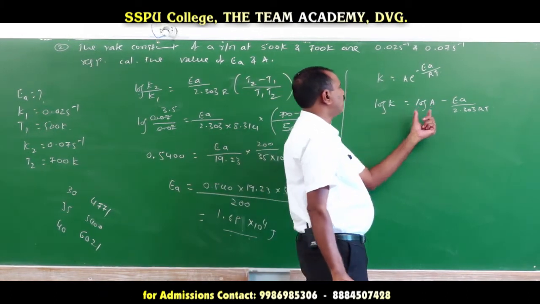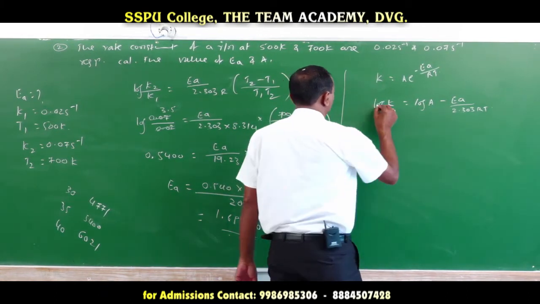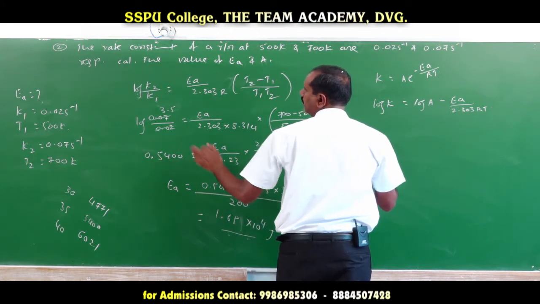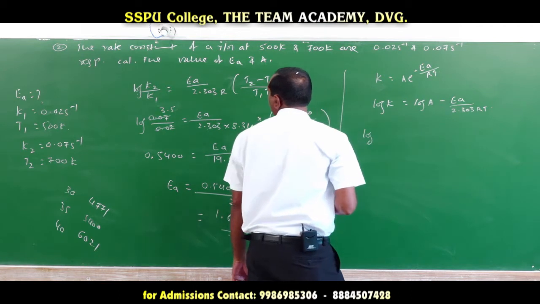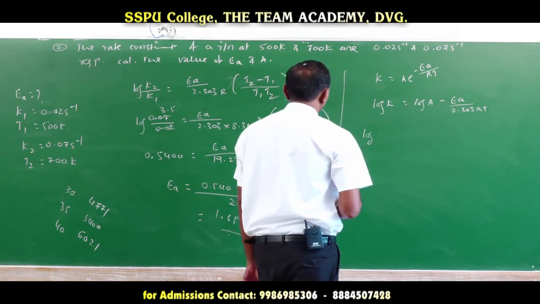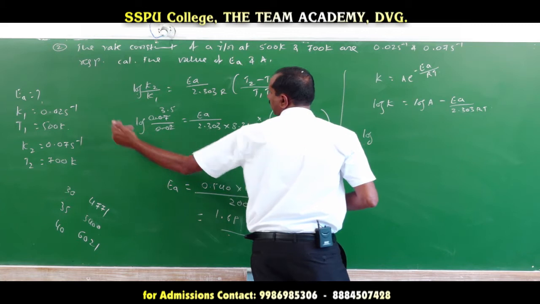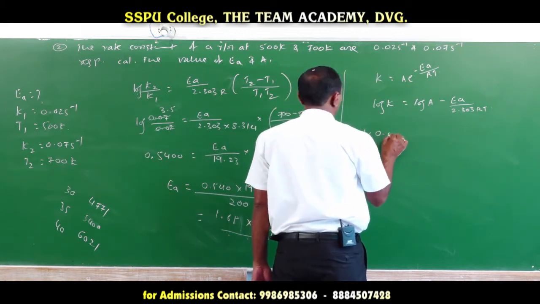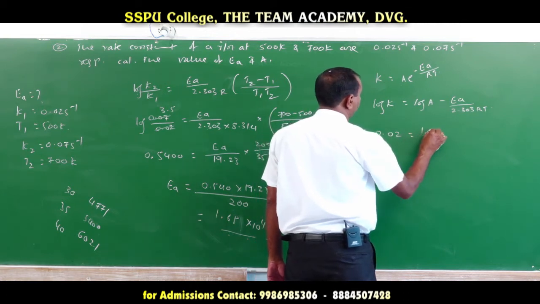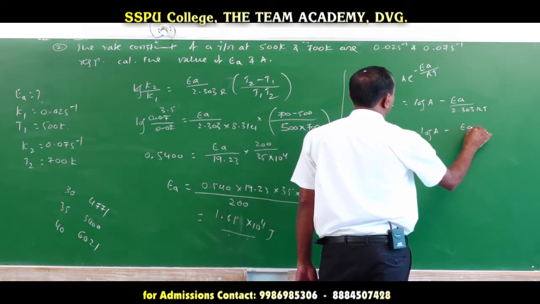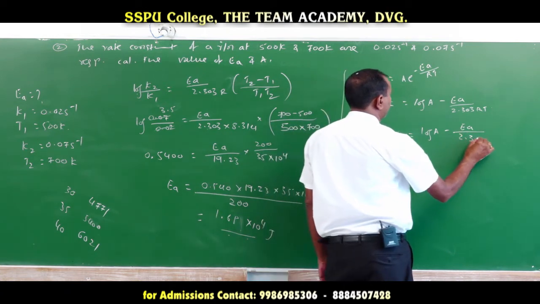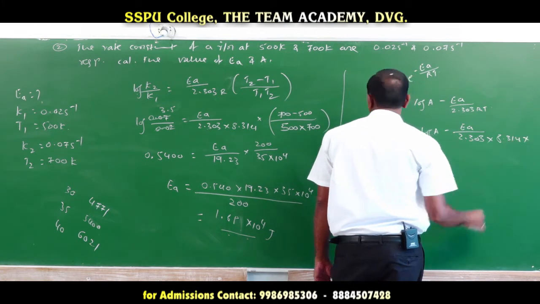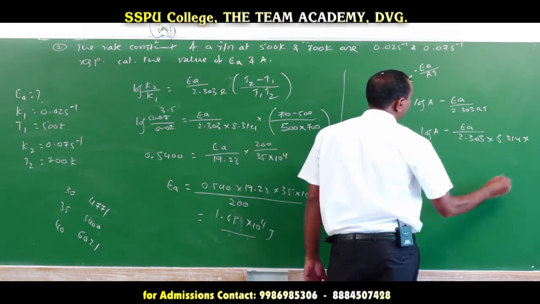So how to find out the value of A? The K value we know at a particular temperature, so at 500 Kelvin we take 0.02, that equals log A minus E_A by 2.303 into R, the value of R is 8.314, into T. So T value we take at 500 Kelvin.